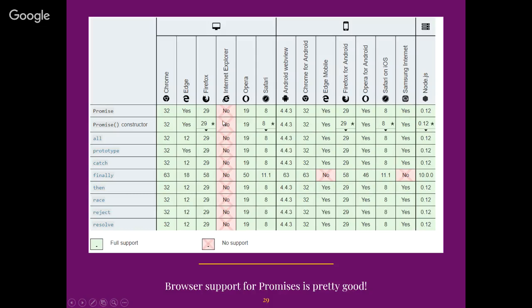Notice how there is no support for promises in Internet Explorer. If you're not up to speed with the modern browsers nowadays, Internet Explorer is no longer considered or supported by Microsoft.